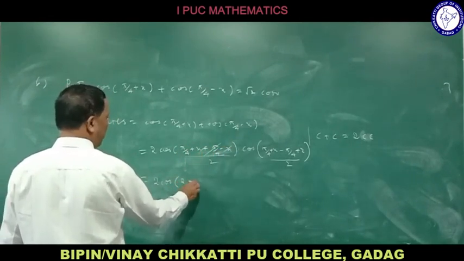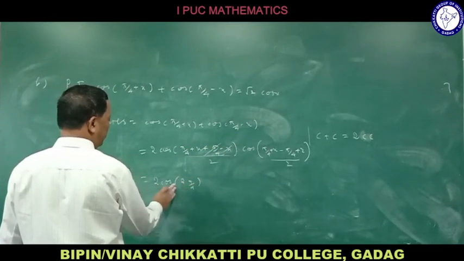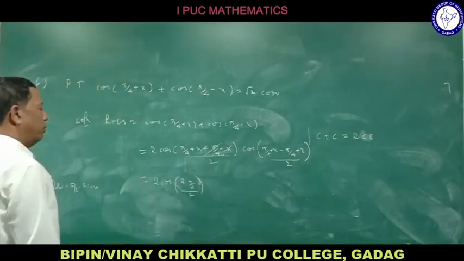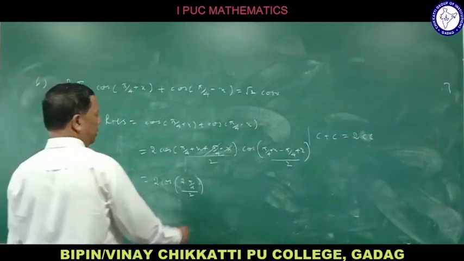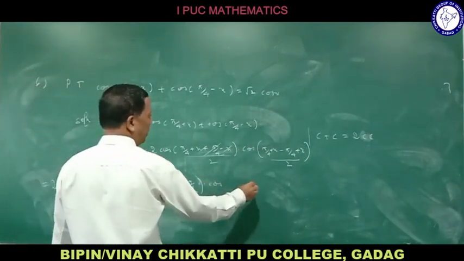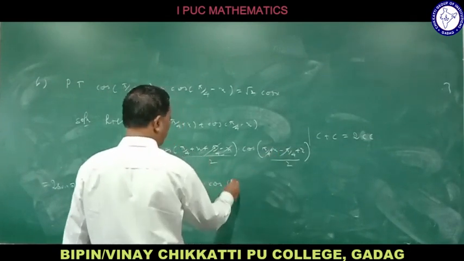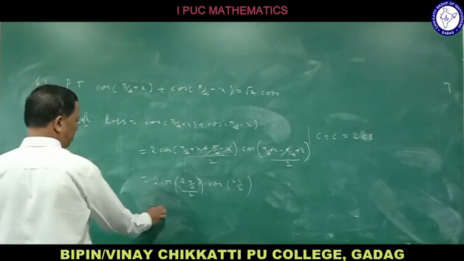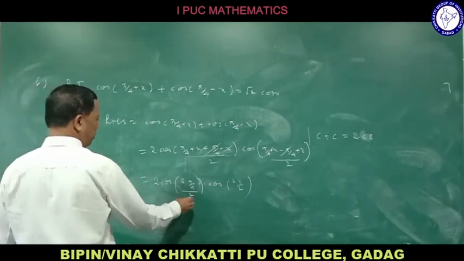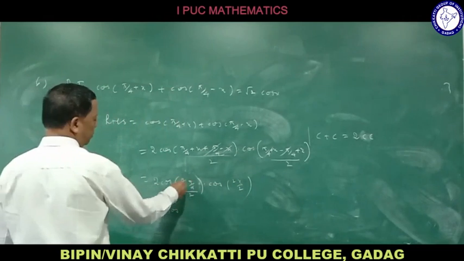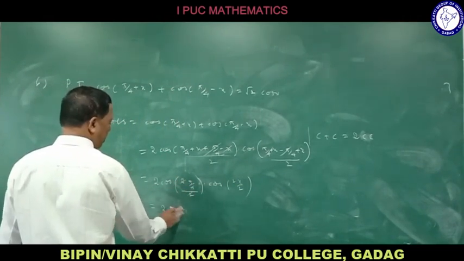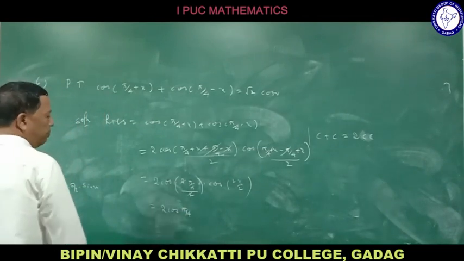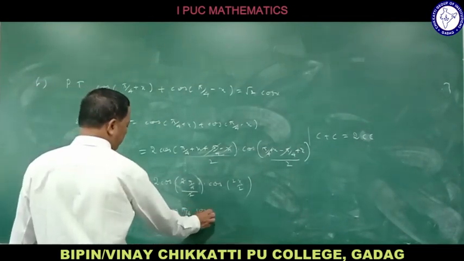2 pi by 4 divided by 2, and here, what terms are cancelling? 2x by 2. So 2 cos pi by 4, and this is nothing but cos x.